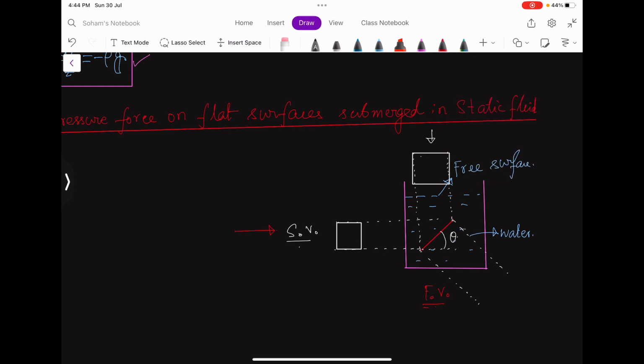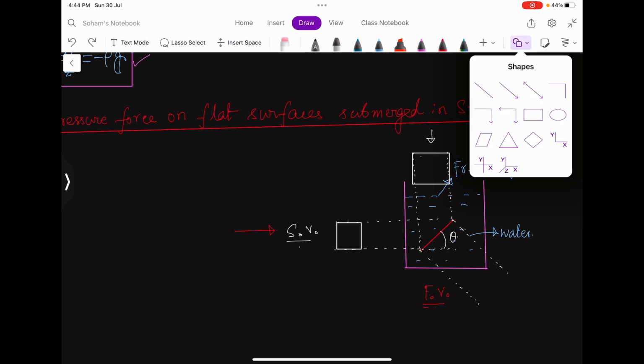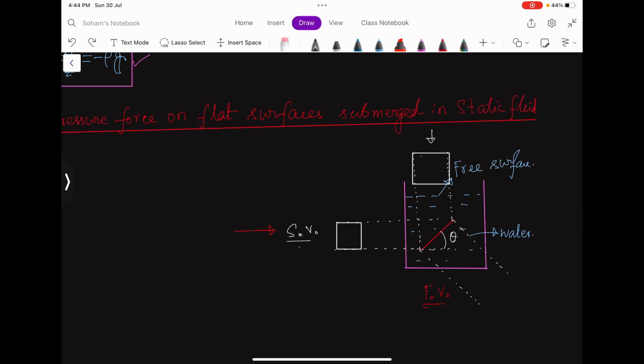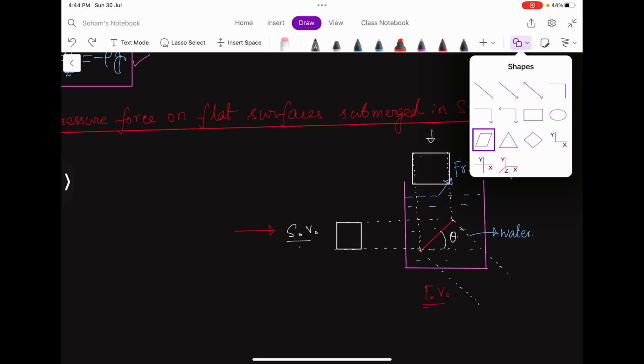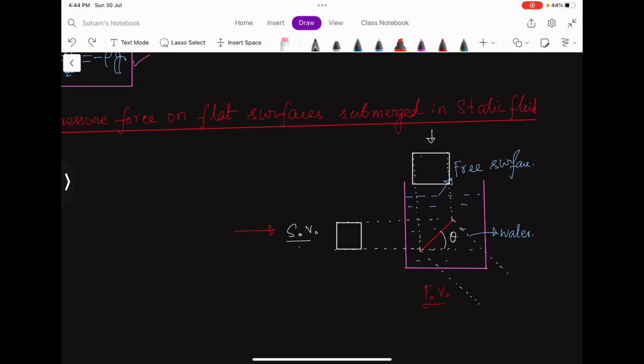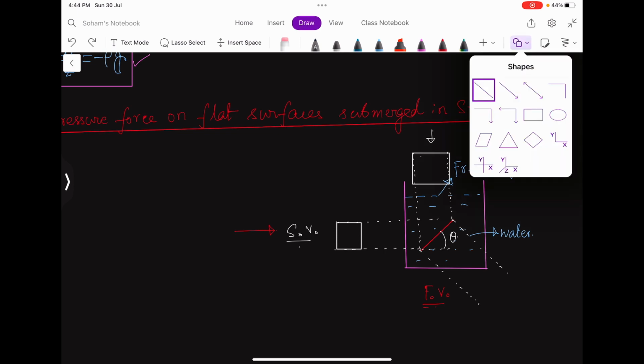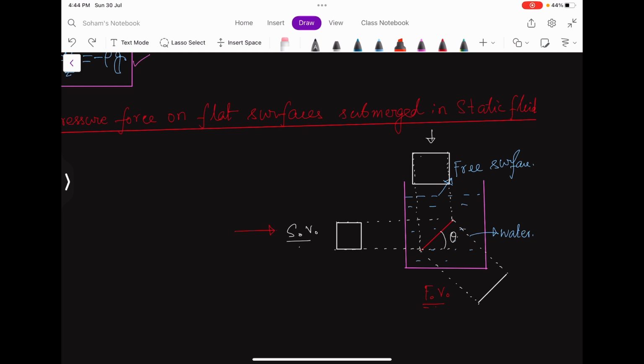I have to draw it by hand, because an inclined rectangle is not possible here.